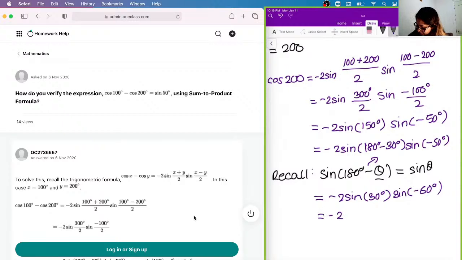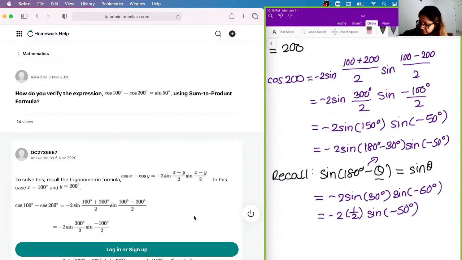From our special angles, recall that sine of 30 is a half. So we just substitute a half here, and you have sine of negative 50 degrees.